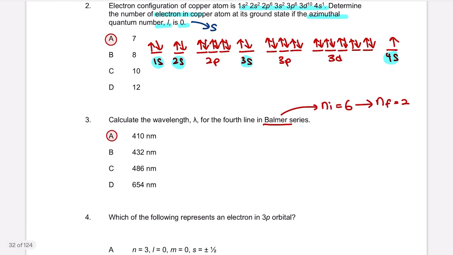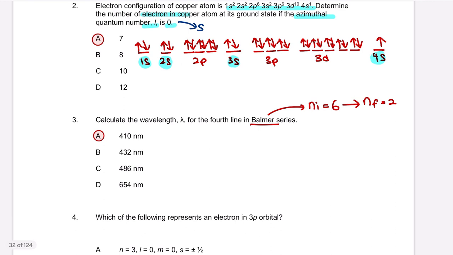Alright, so question number 3. Here we are required to calculate the wavelength for the fourth line in the Balmer series. For the fourth line in the Balmer series, n final would be n equals 2. The first line would be 3 to 2, the second line would be 4 to 2, the third line would be 5 to 2, and the fourth line would be from n equals 6 to n equals 2.